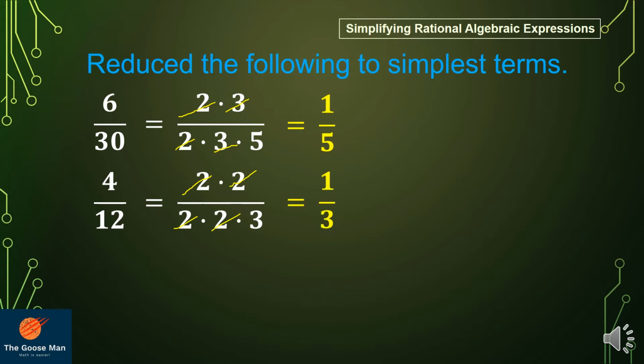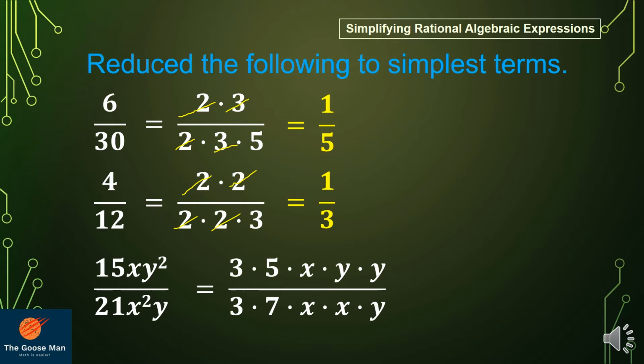We will use the same concept in simplifying rational algebraic expressions. So let's consider 15xy squared all over 21x squared y. 15 can be factored as 3 times 5 times x times y, while 21x squared times y can be factored as 3 times 7 times x times y.